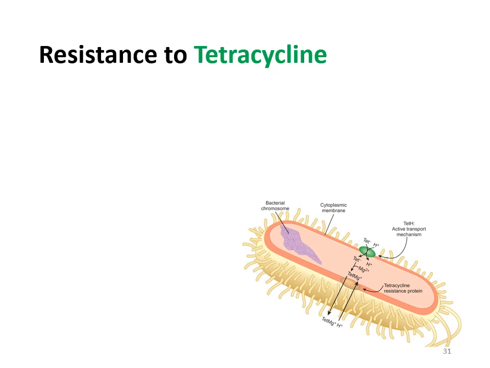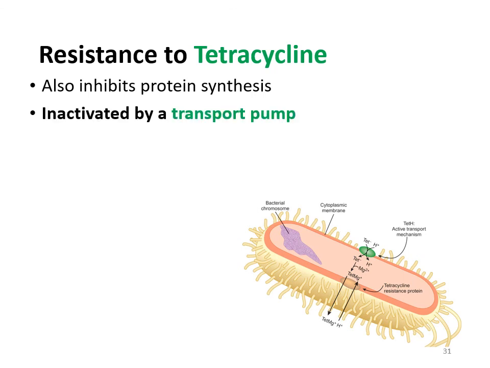The last resistance to mention is the one that I said was my favorite, and that is tetracycline resistance. Now again, the first thing you have to ask yourself, how does this antibiotic work to kill bacteria? Well, what tetracycline does is it's yet another one that inhibits protein synthesis. Now, what the bacteria in this case does to protect itself against the tetracycline is it has a transport pump. So remember, this is efflux pumping.